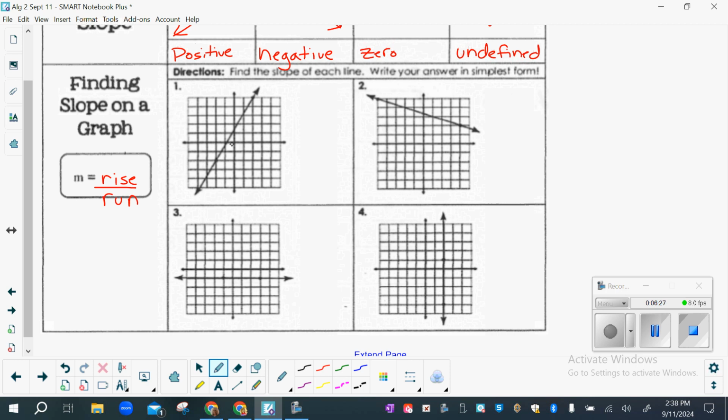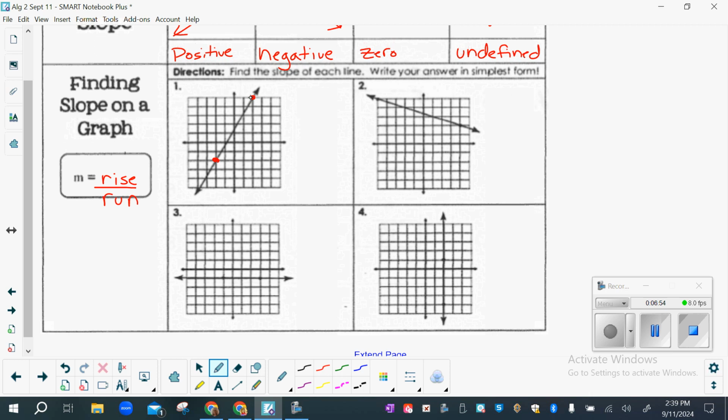So this would be 1 point. Where would another one be? Where else? So this would be the other point, right at the corner. Does that make sense? Okay, so when we're finding rise over run, I'm going to go from this point to this point.